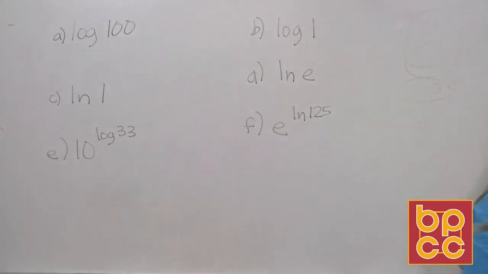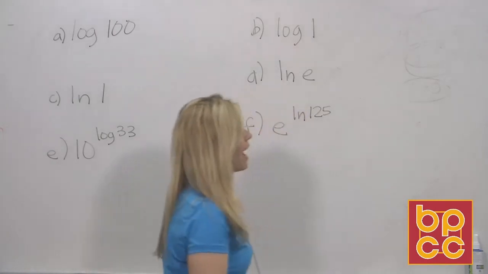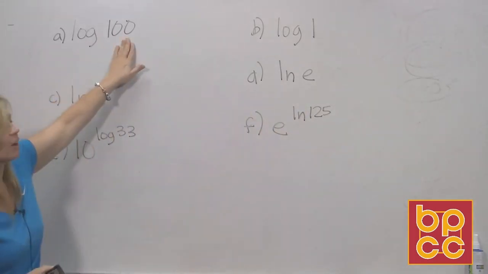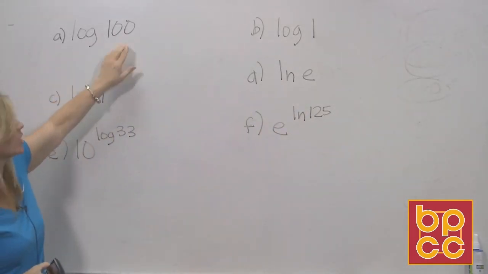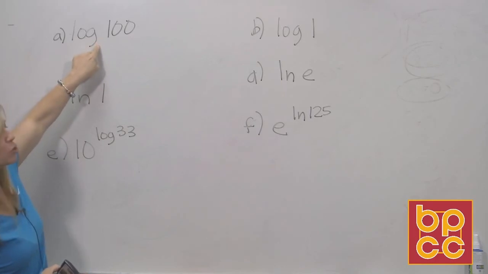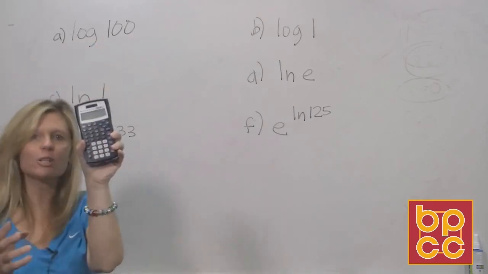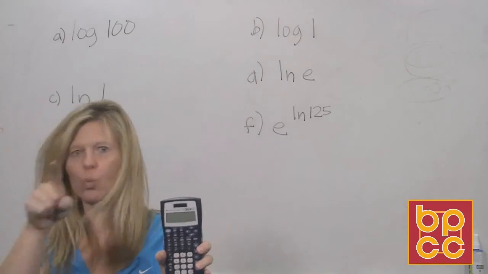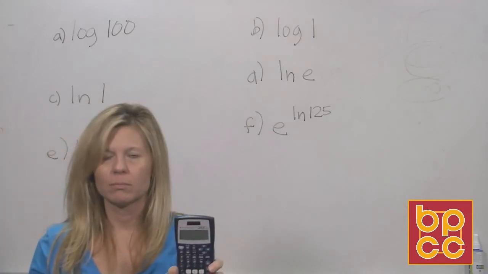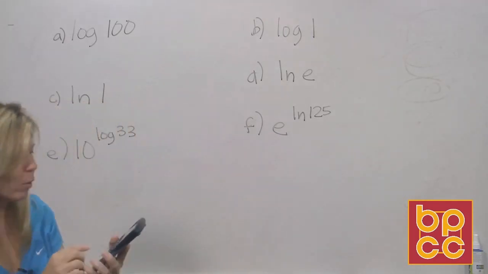Okay, so to finish up today's lesson, if I ask you to tell me the value of log of 100, I understand when I don't see the base, it's understood to be a 10, which means I can use my calculator. I don't have to swing it to find the answer. You type what you see.